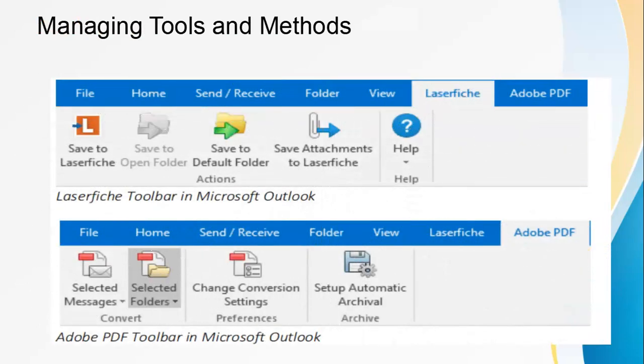Tools we can use to manage these electronic records are Fisher and the Adobe PDF toolbar, and these are found in Microsoft Outlook. This image shows how these 2 tools are used in managing email records.